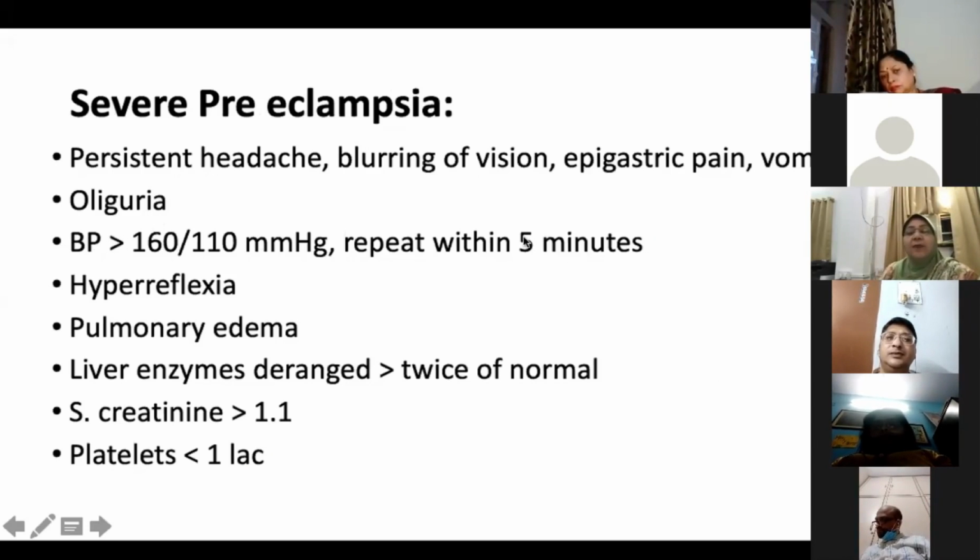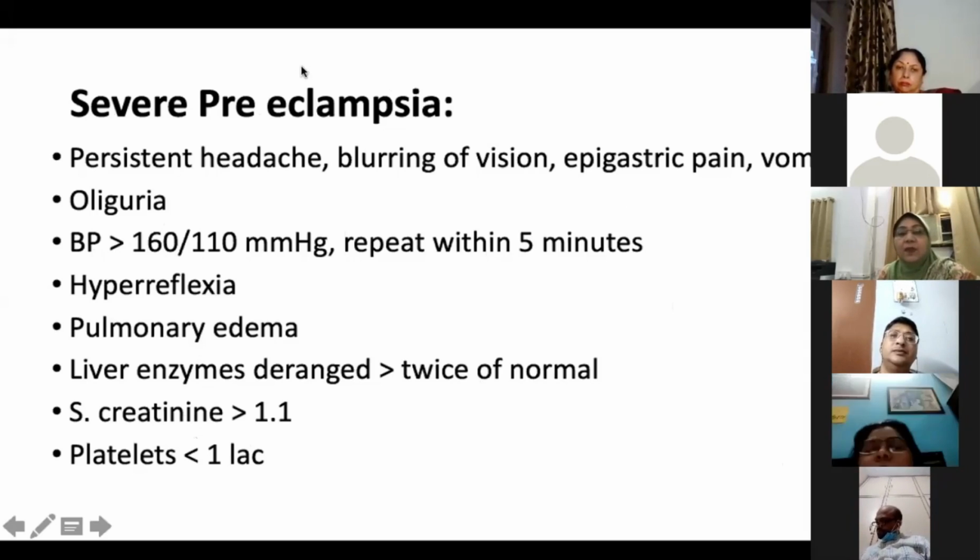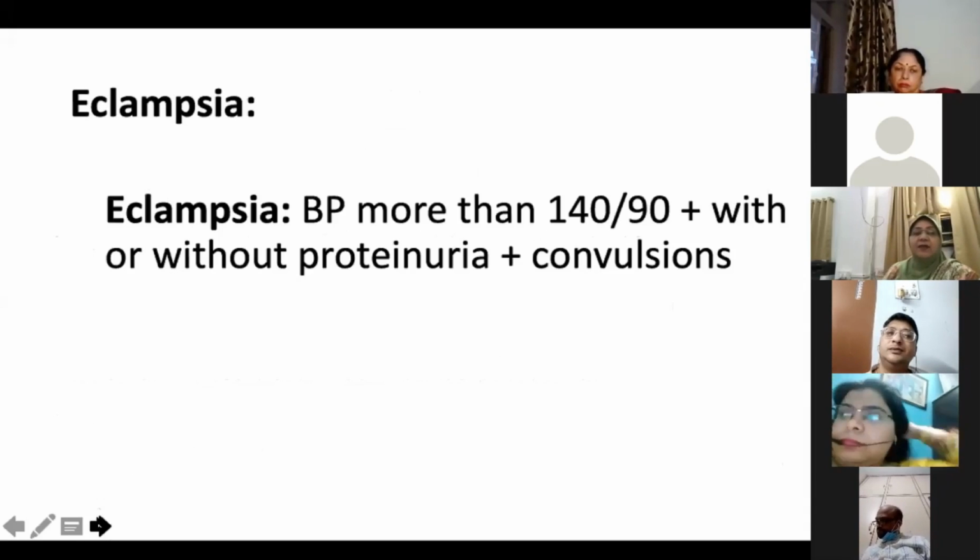I told you the blood pressure has to be remitted within 5 minutes. There will be hyperreflexia, pulmonary edema, liver enzymes deranged to more than twice the normal, as well as serum creatinine, platelets less than 1 lakh. So if anything like that is happening, then you know that the patient is not non-severe, but she is severe preeclampsia.